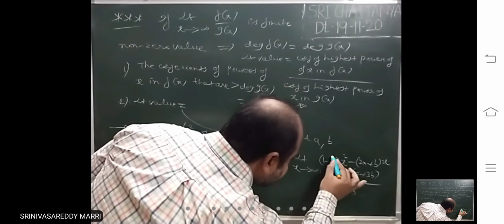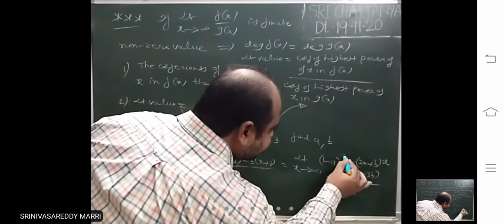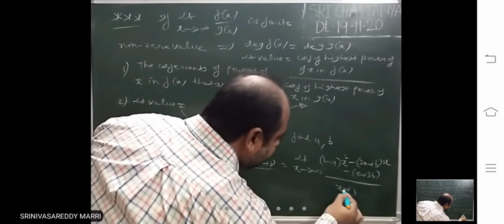Now look, this is f of x, this is g of x. Degree is 2, degree is 1. Take this degree: degree is 1. If both are of the same degree only, you will get a finite value. Otherwise, you won't get a finite non-zero value. That means degree is 1.